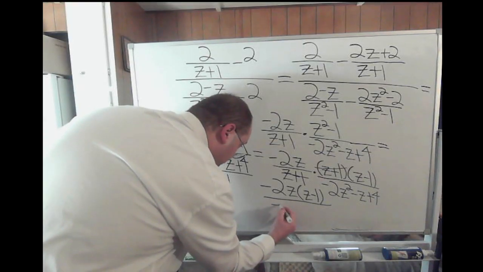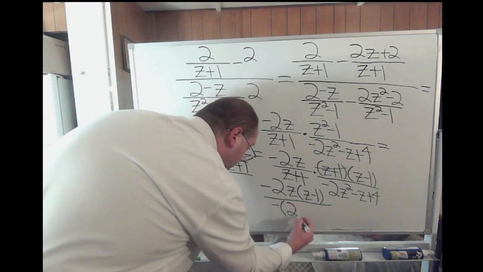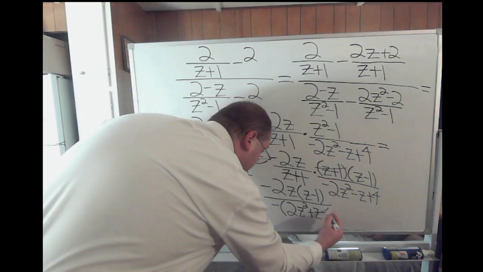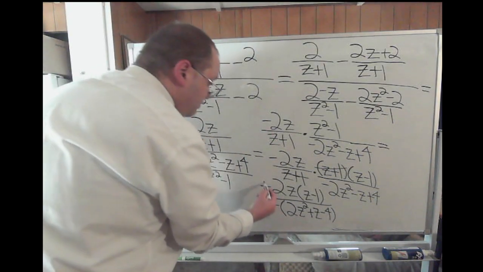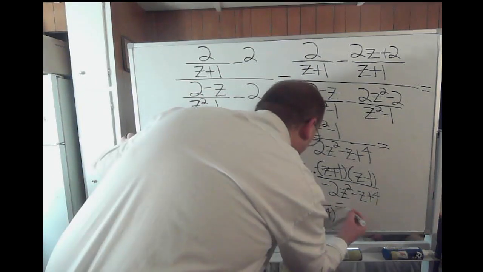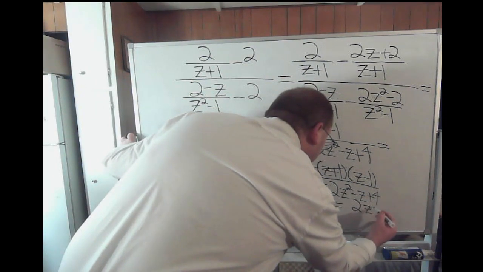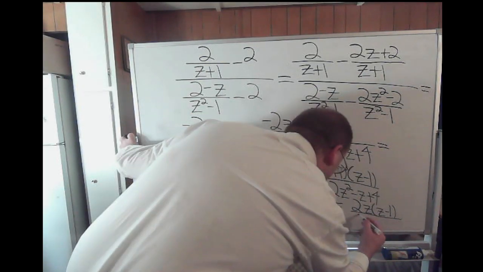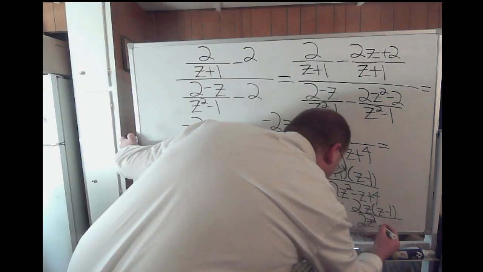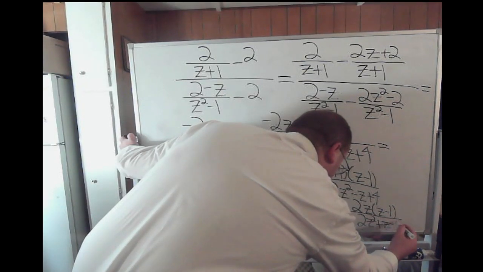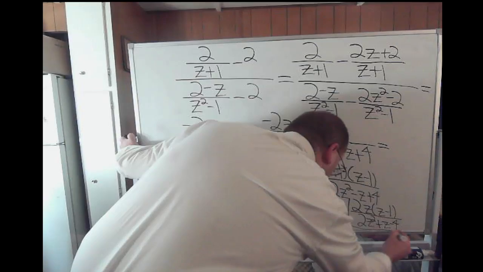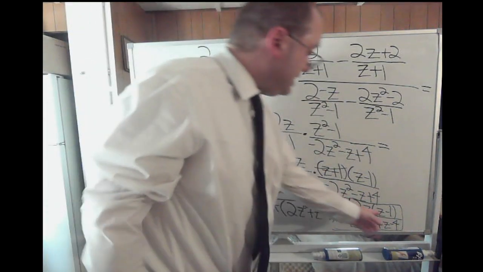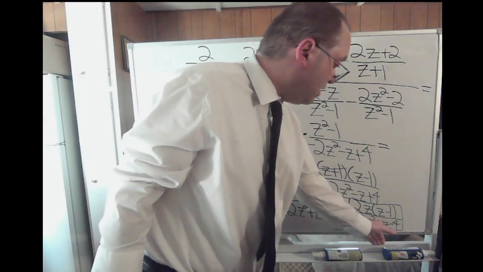Factor out a negative from the denominator. You would have 2z squared plus z minus 4, which means the negatives will cancel between the numerator and denominator. You could get 2z times z minus 1 all over 2z squared plus z minus 4. And that's as far as you can factor.